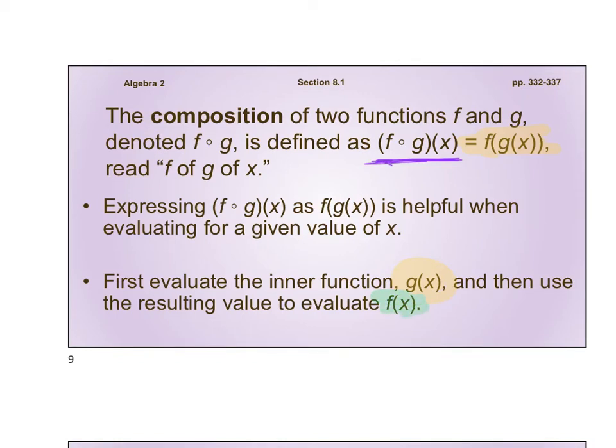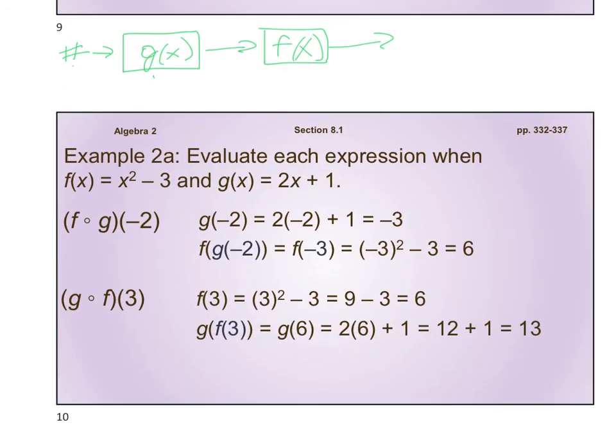On the function boxes we saw before, basically what's happening is some number is going into g of x first, and it spits out a number which immediately goes into f of x, and out comes your answer. Okay, so you plug the number into g of x, which is the interior one. Notice right here, it's the interior. And then you plug that answer into f of x. All right, let's see how this works.